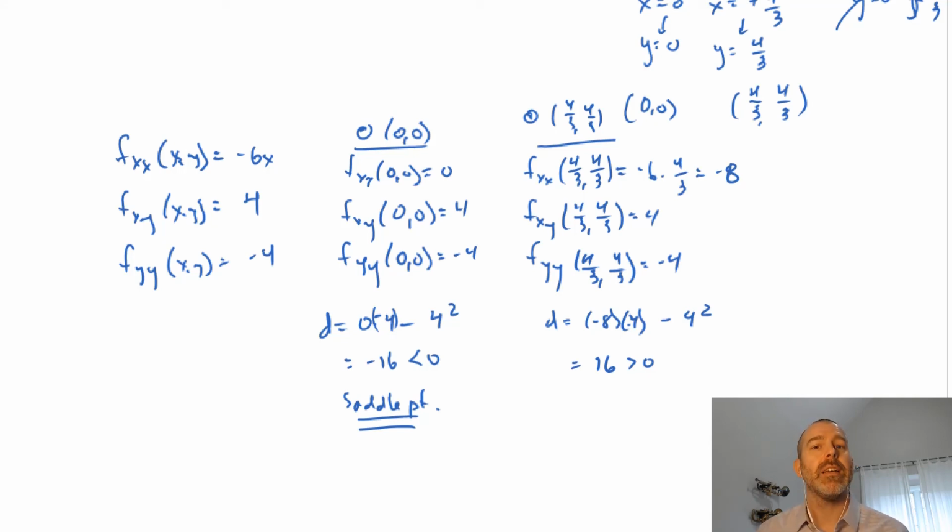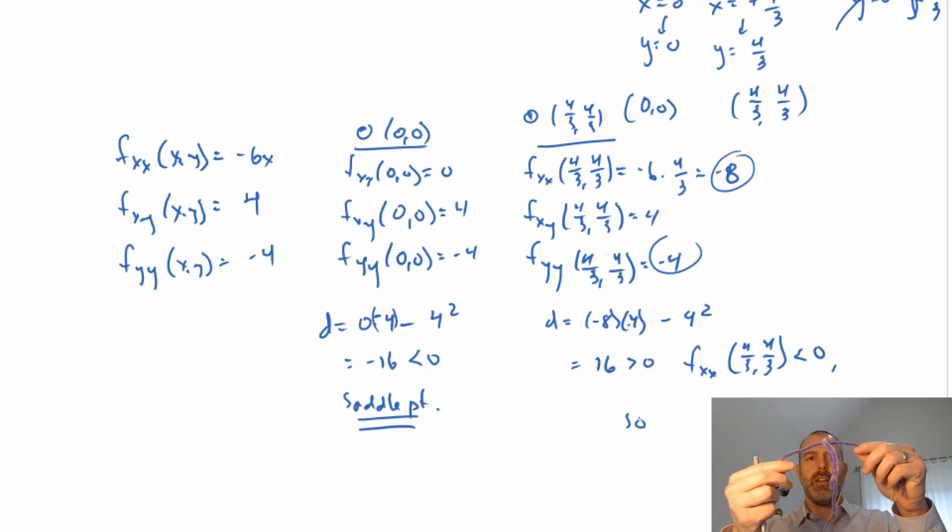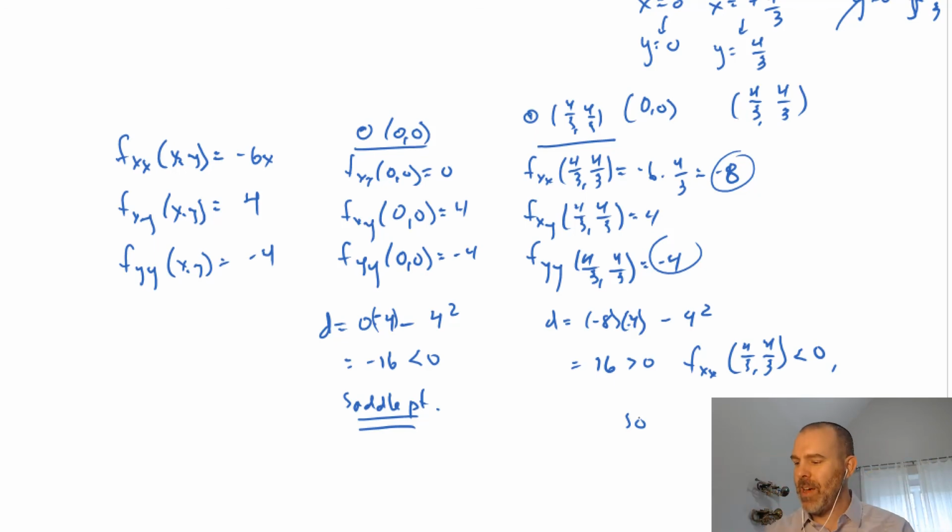We need to look at the second partial derivative with respect to x or y. If we pick one of those, you'll see that they are both negative, either one. f_xx at (4/3, 4/3) is less than 0. They're both negative, concave down, so it is a relative maximum.